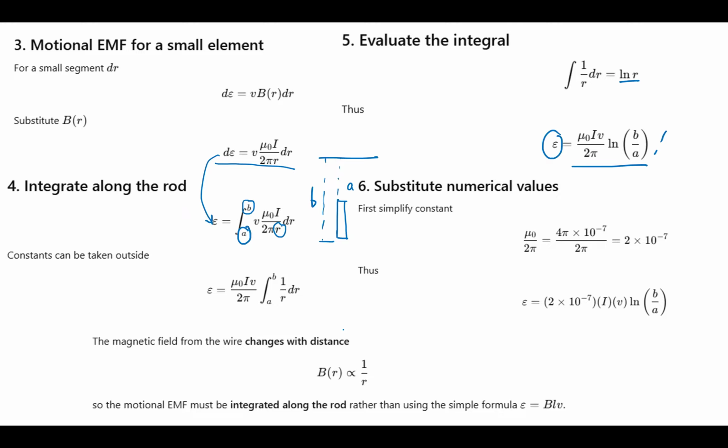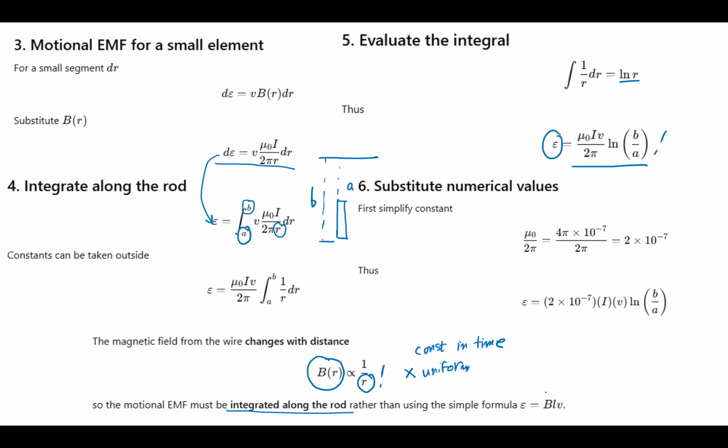Then you can find the electromotive force as a numerical value. The important thing here is that our magnetic field is constant in time, but it's not uniform. It varies with 1 over r, so we have to make an integral along the rod.